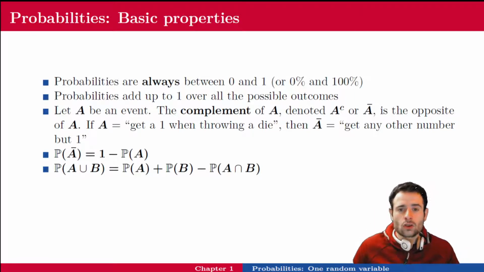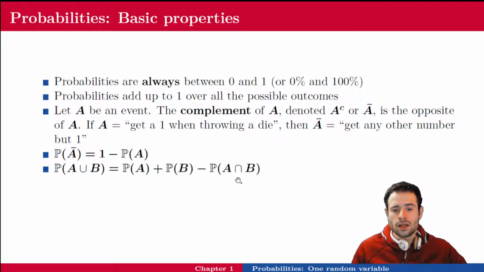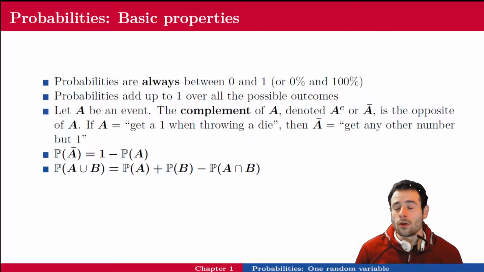Since you count this thing twice, you want to remove one of them, and this is why we have the minus the probability of A and B. This is best illustrated with Venn diagrams, which you can look up online. I don't have any for these lecture notes. It's fairly intuitive, and again, this is a property you should know by heart.